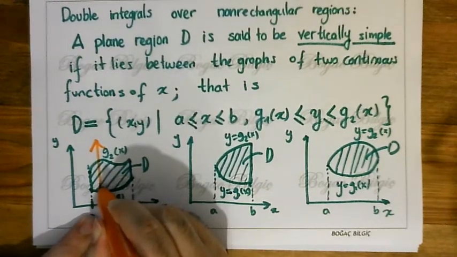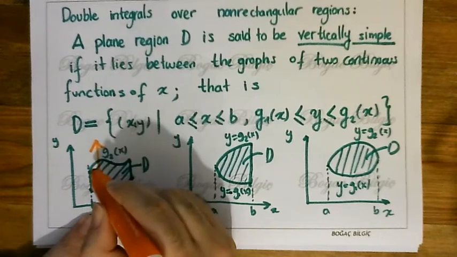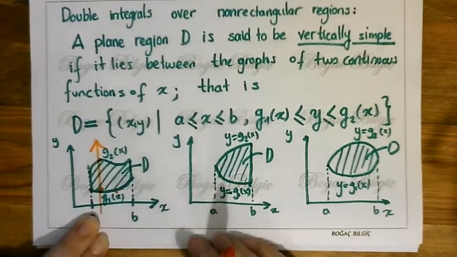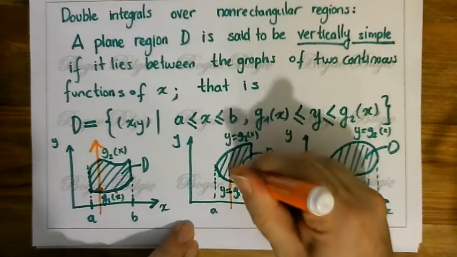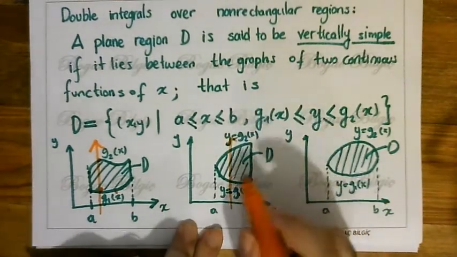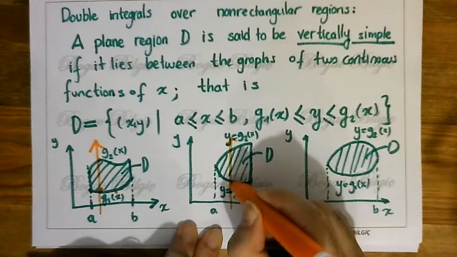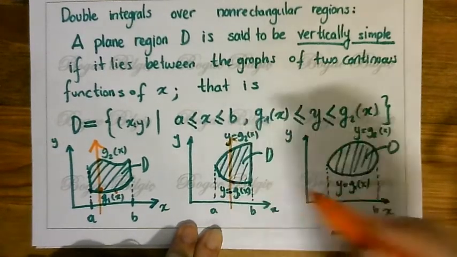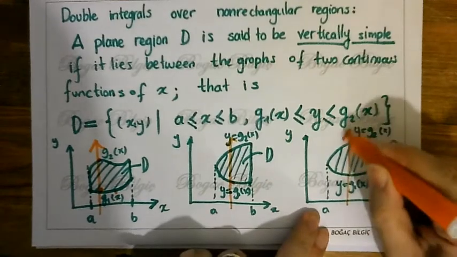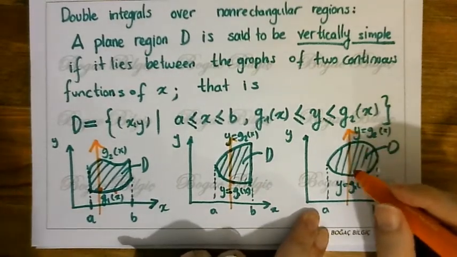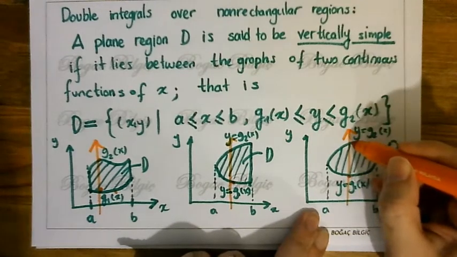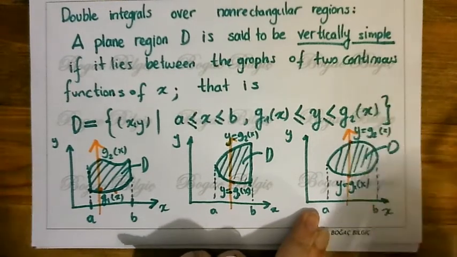Bounded from below by the graph g1 and from above by the graph g2.